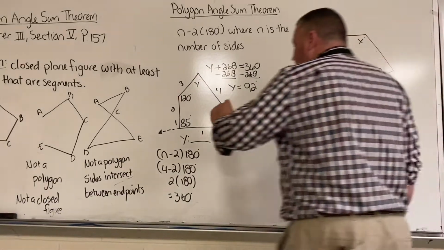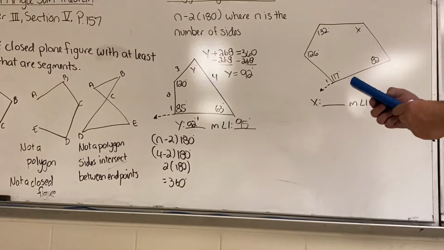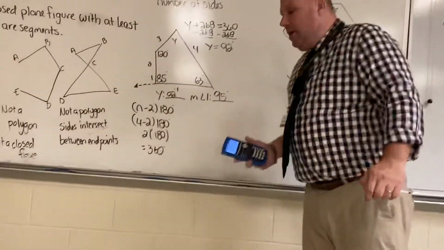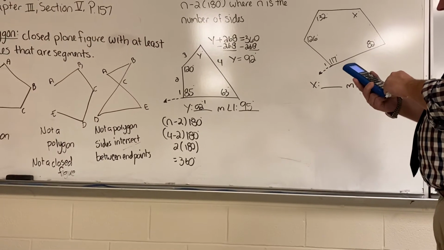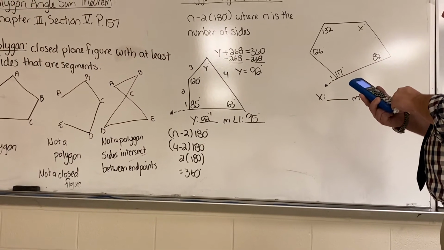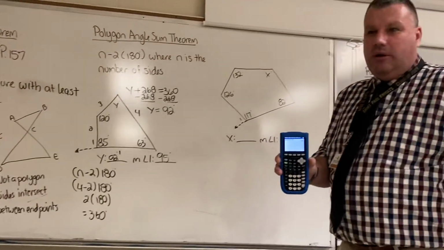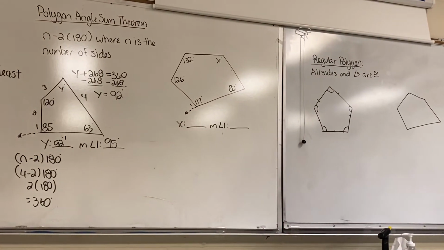Okay, so if I put 92 in here and add them up, remember, the sum of these internal angles, it's a 4-sided figure, should equal 360 degrees. So 92 plus 63 plus 85 plus 120 is equal to 360 degrees. We're good. Let's take a look at this one over here to the right.